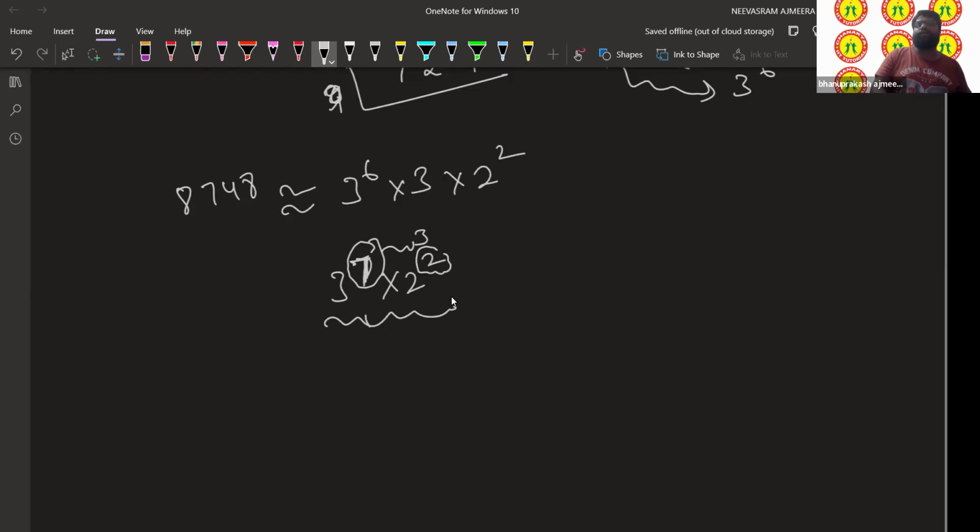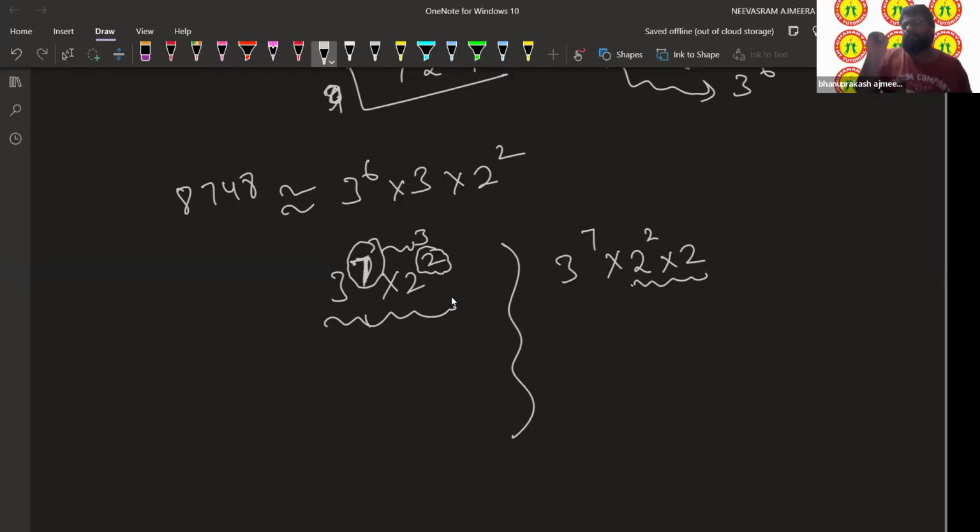In what case will 2 square become a perfect cube? Only if I multiply 2 square with 2, then it will become 2 cube, right, students? But I can't multiply.